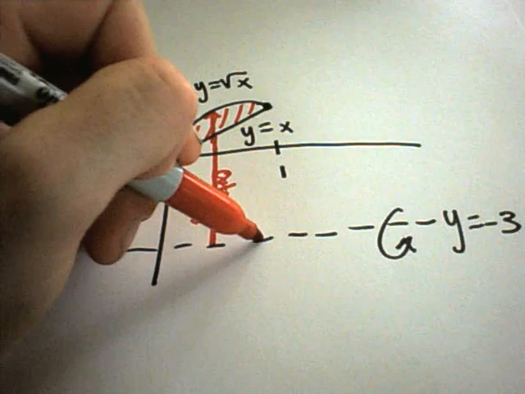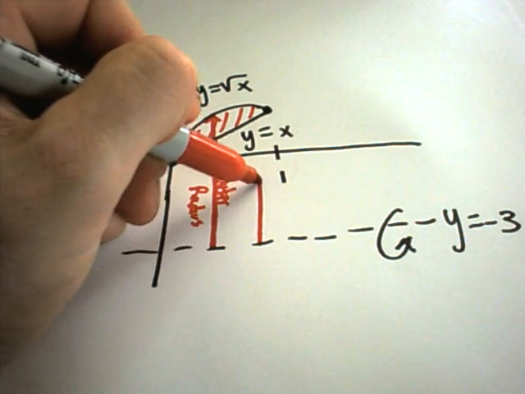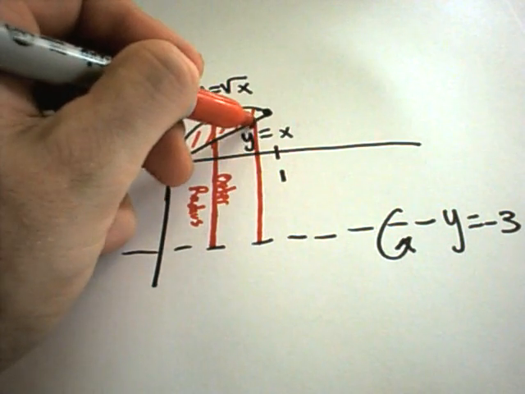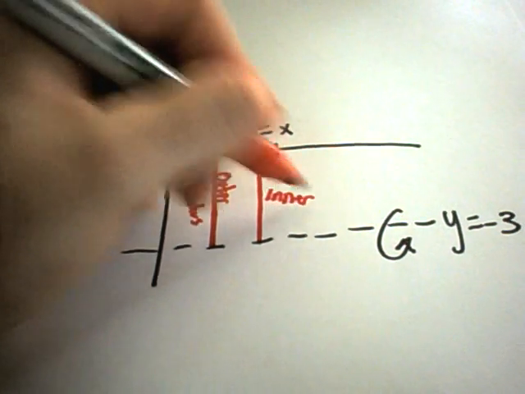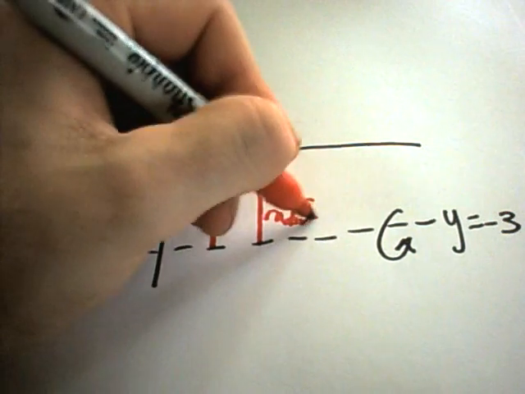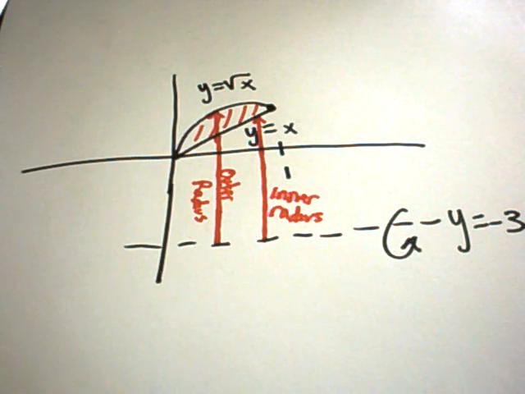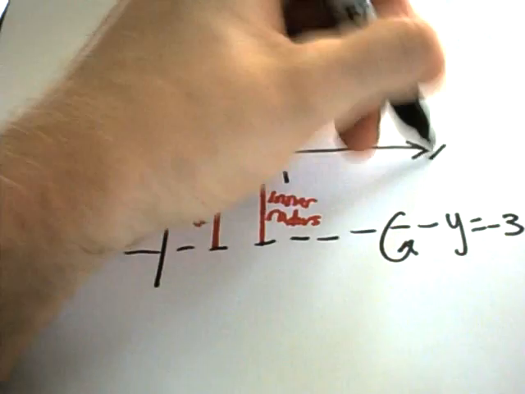And then we do the same thing on the inside. The line I'm rotating about, I go just until I hit the region, and that's going to be the inner radius. So now we have to calculate the lengths, basically, of those arrows, the outer radius arrow and the inner radius arrow.